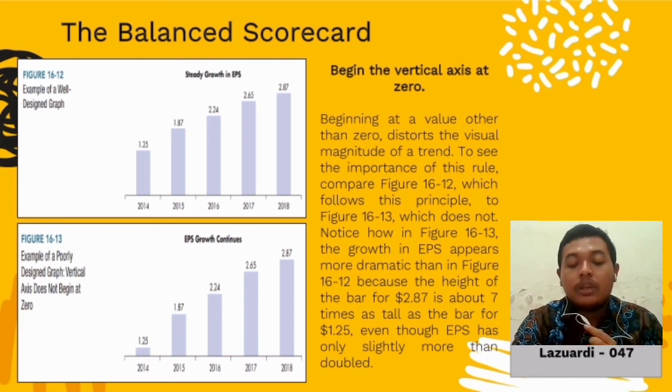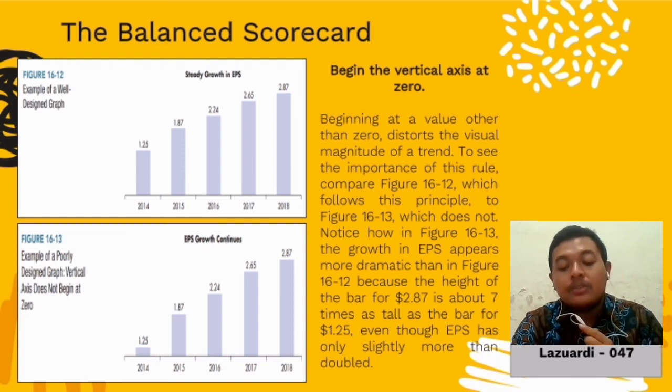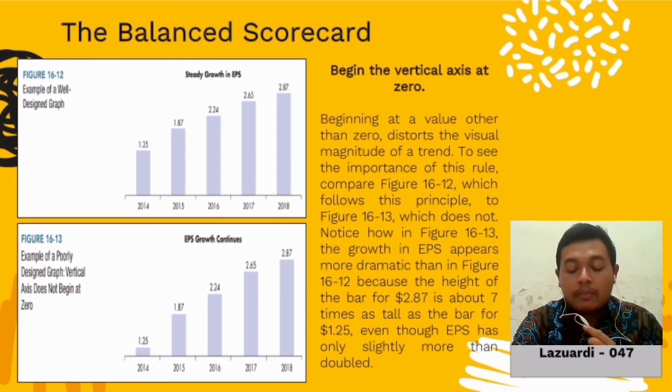Doing so ensures that the depicted magnitude of change in the data accurately reflects the actual change in the data. Beginning at a value other than zero, by contrast, distorts the visual magnitude of a trend. To see the importance of this rule, compare figure 16.12, which follows this principle, to figure 16.13, which does not.